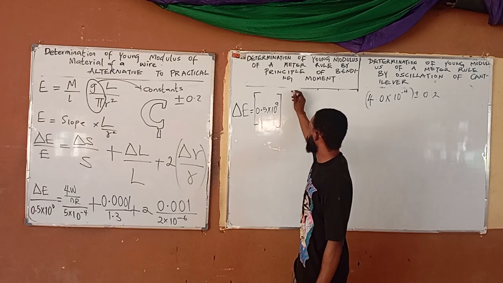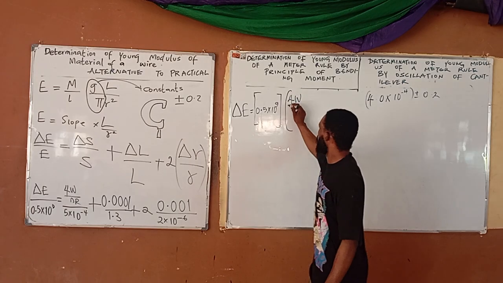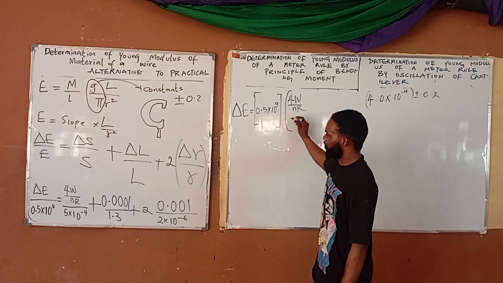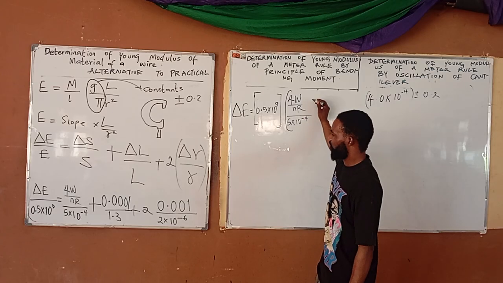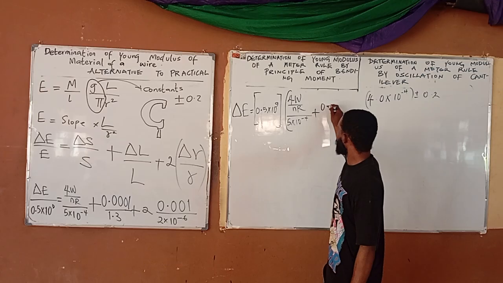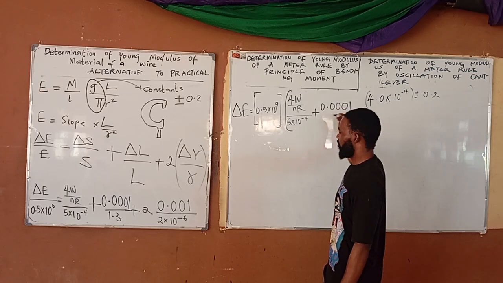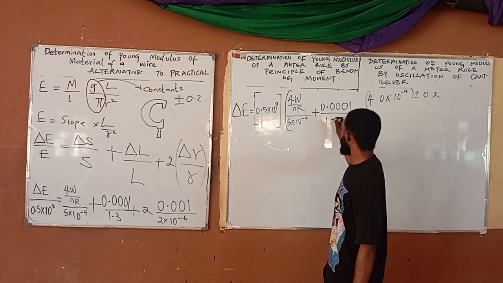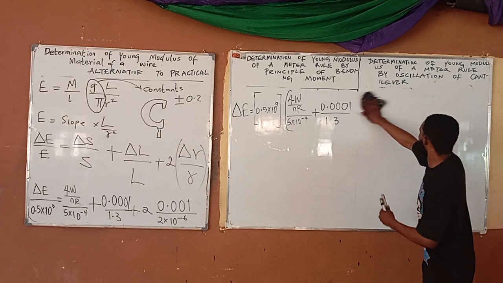Then I have 4W all over πR, all over 5 times 10 raised to the power minus 4, plus 0.0001 all over 1.3. So you've taken note of this. This is what I'm doing.